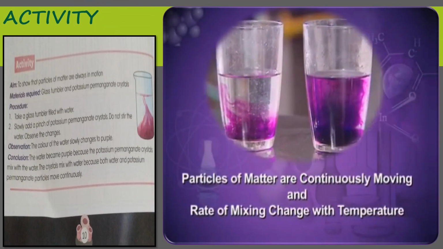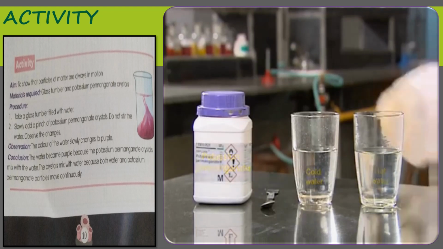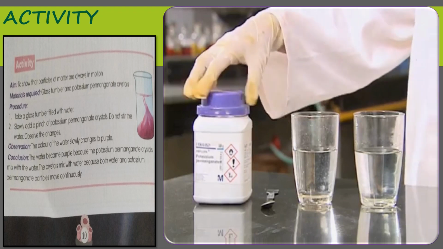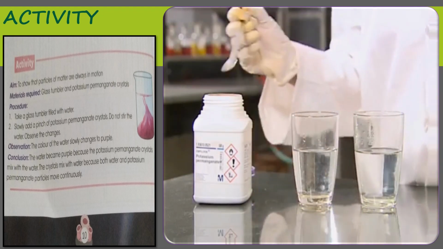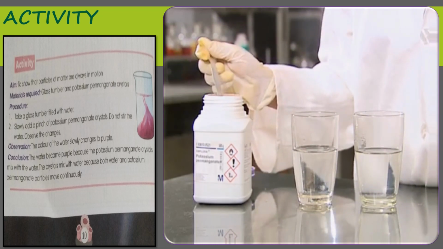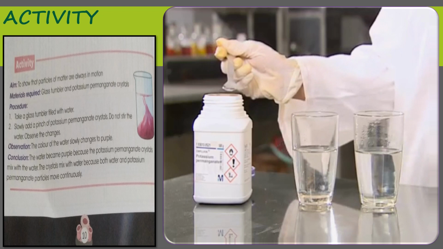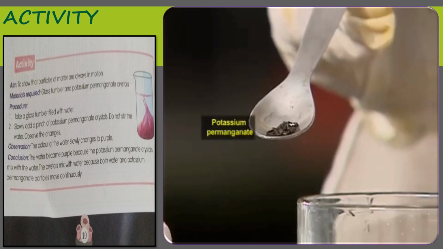Activity to show that particles of matter are always in motion. Materials required are a glass tumbler and potassium permanganate crystals. Procedure. First, we fill the glass tumbler with water. Now, we slowly add a pinch of potassium permanganate crystals.